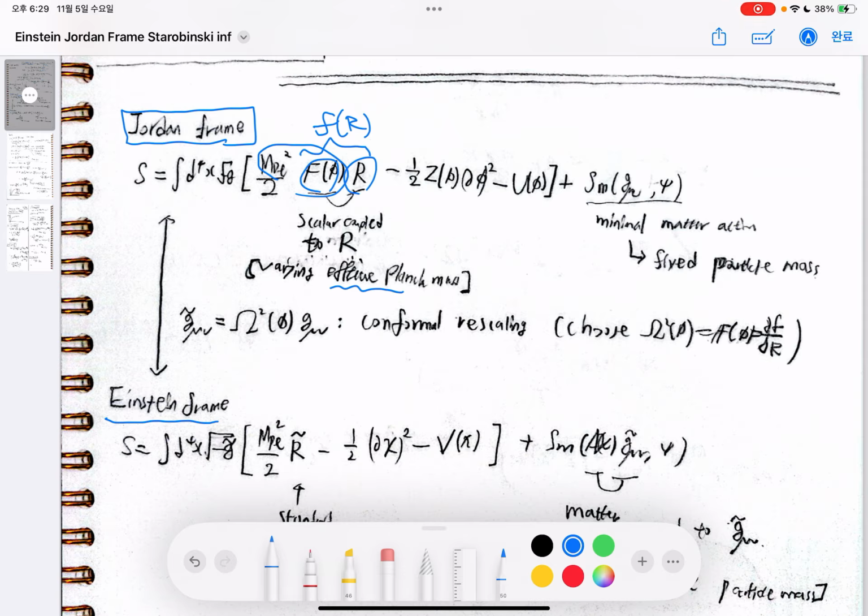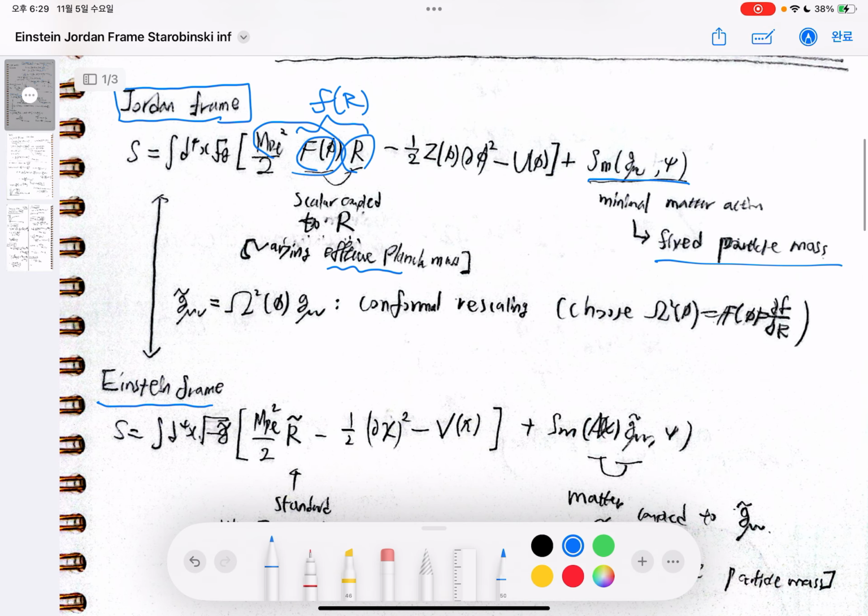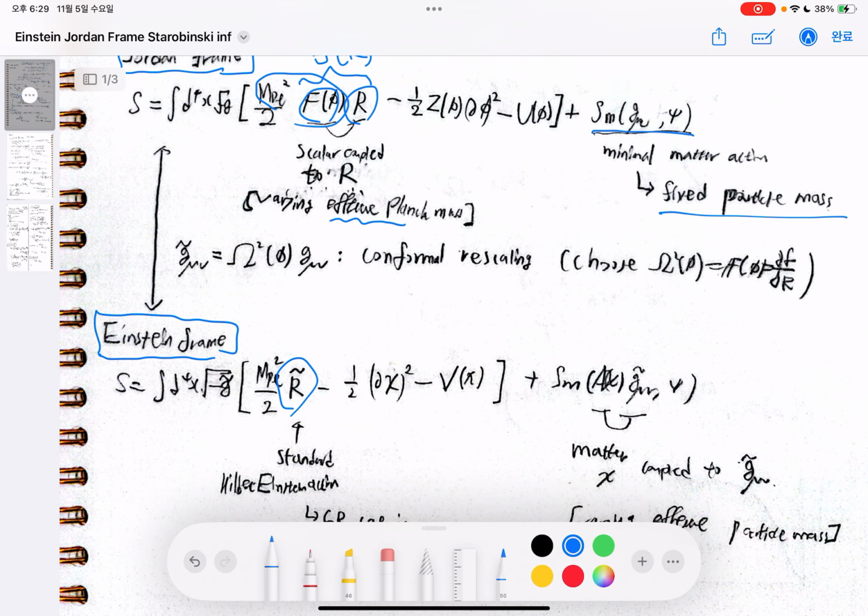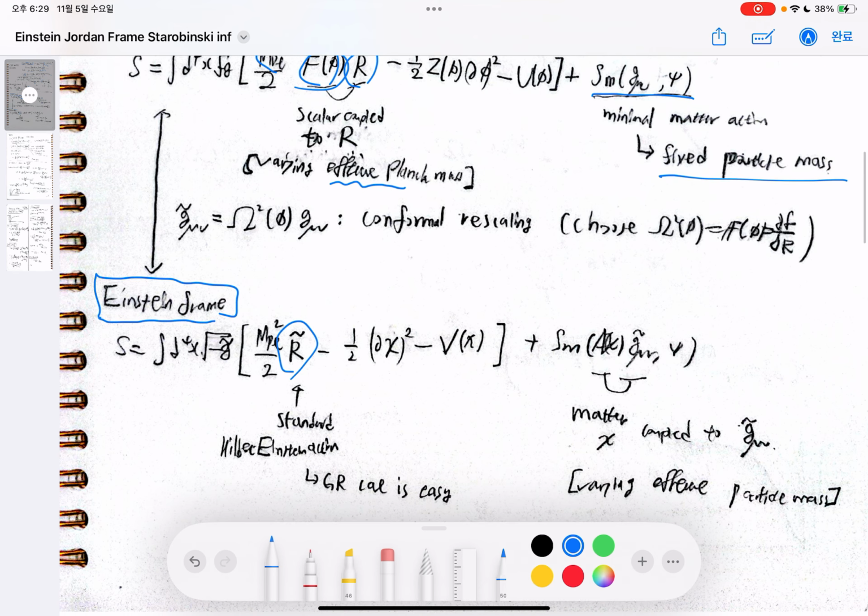But the benefit of the Jordan frame is that the matter action is minimal, so the particle mass is fixed. We can rewrite the Jordan frame f(R) gravity into the standard Einstein-Hilbert action by the transformation of conformal scaling.